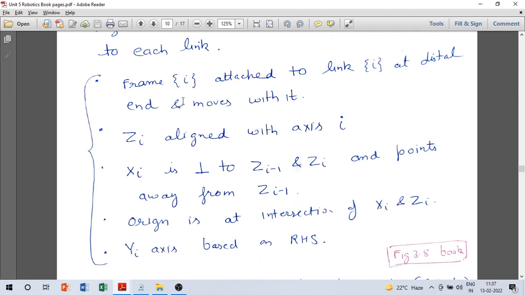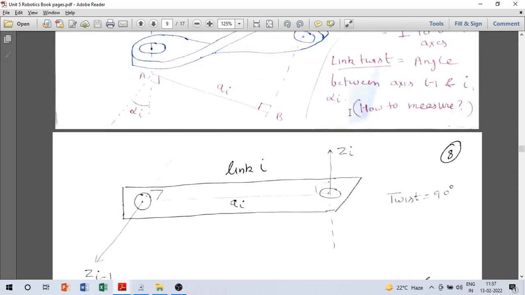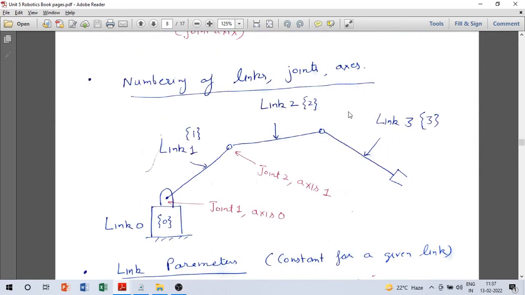So the procedure is: frame i is attached to link i at the distal end and moves with it. Distal end means, actually, let us go through some figure. So this is link 2. Frame 2 will be attached to link number 2, and frame 2 will move with link 2. It is attached around the distal end, which is away from the base.